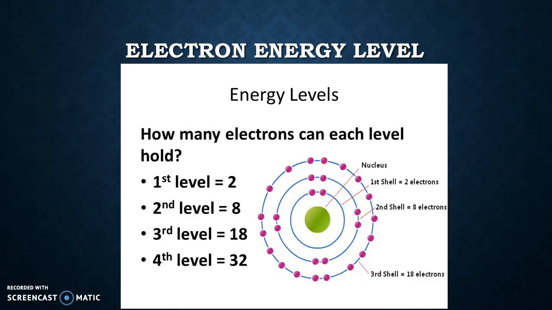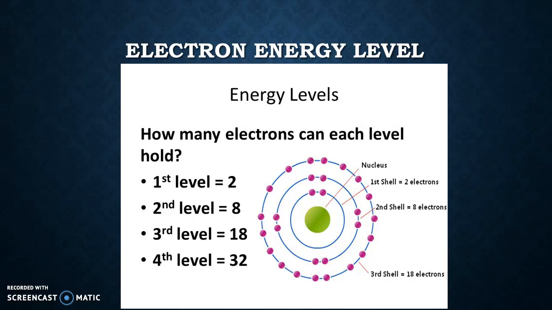Your first level, these are how many electrons each level can hold. Like we were saying just now, your first level can only hold 2 electrons. Your second level can hold 8 electrons. And your third level can hold 18 electrons. And then your fourth level can hold 32 if it needs to.